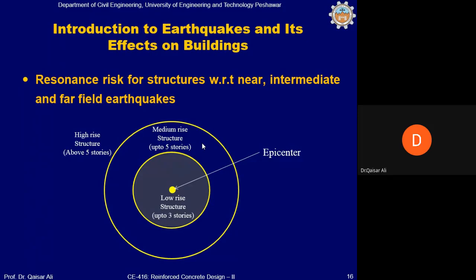So if the time period of the earthquake waves matches with the time period of the building, then resonance will occur and the buildings may collapse if the stresses induced in the structure exceed their capacity. The same is applicable to high-rise structures.